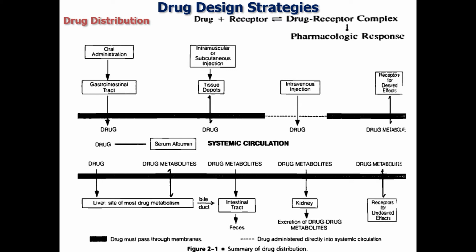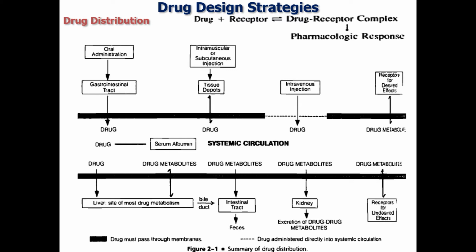At the receptor, drug will bind to the receptor, and the following equation is shown up: a drug interacting with the receptor will give drug receptor complex, and this will give the pharmacological response.